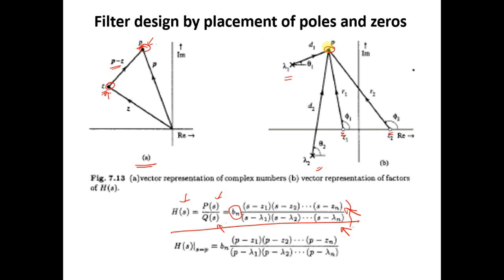Now when we talk about filters, this point P of interest is always on the imaginary axis. Why? Anyone? Why are we interested in the imaginary axis? Yes, it's j omega.